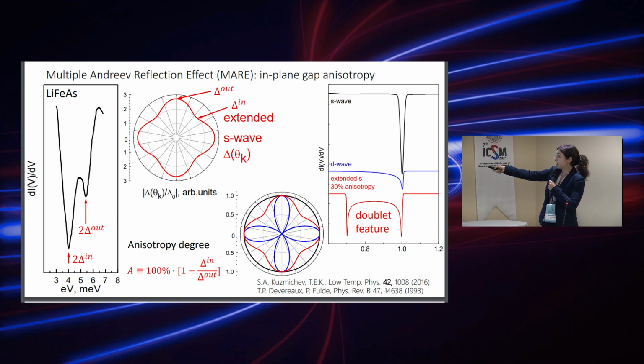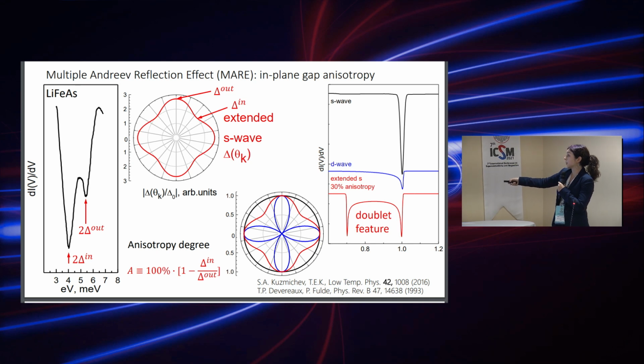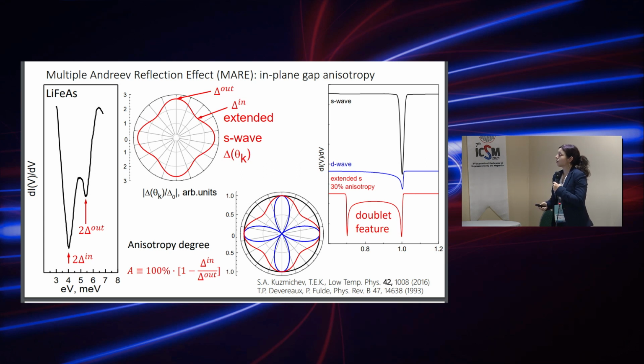The maximum Cooper pair energy, delta out, is the position of these dips, and the minimum Cooper pair coupling energy, delta in, relates to the position of this dip. The gap anisotropy could be estimated as follows. So this rather wide doublet corresponds to 30% anisotropy. Namely, similar doublets are typical for lithium iron arsenide, as shown here. This is a fragment of an experimental spectrum, and the positions of the two dips directly determine the two gap edges.